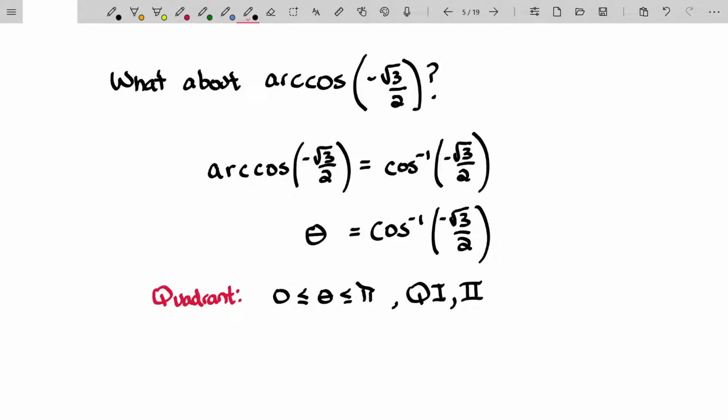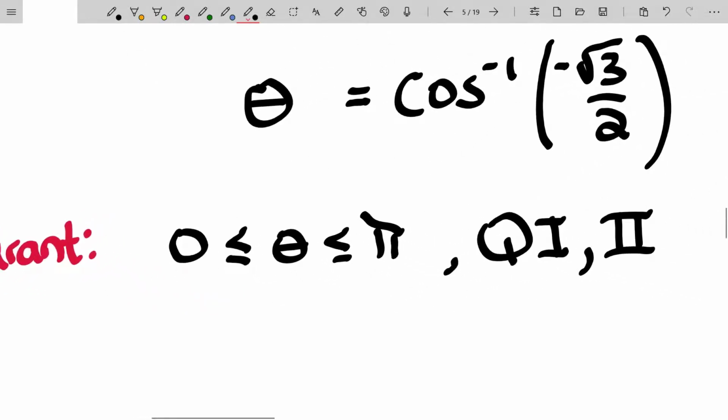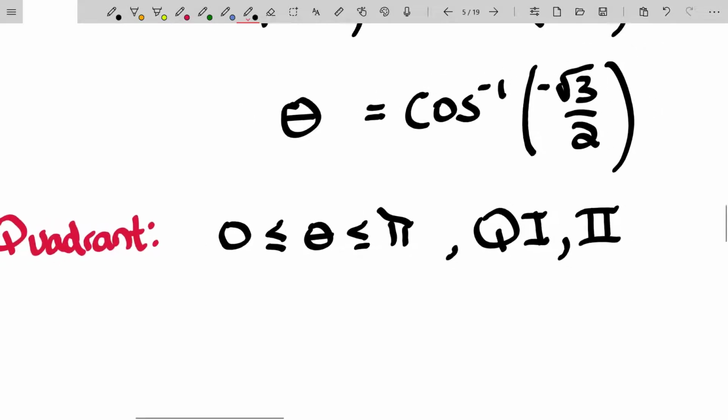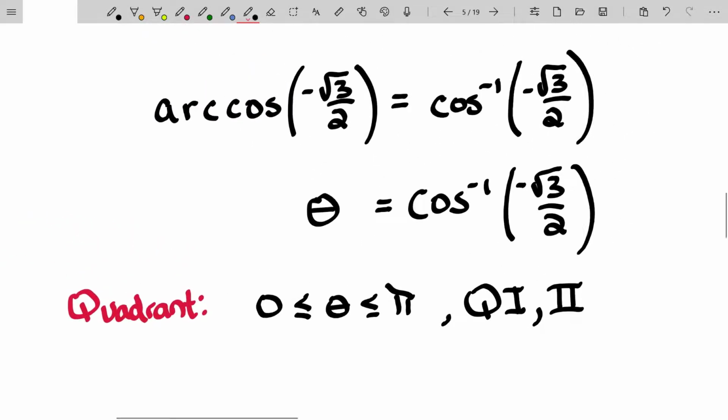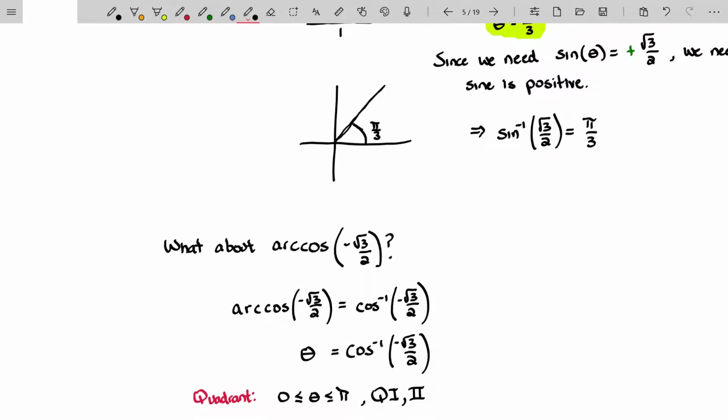Now again, I highly recommend that you write down both the inequality here and the quadrants, because with a reference angle of, for example, in our last problem, pi over 3, there are an infinite number of angles that land in quadrant 1 with a reference angle of pi over 3.